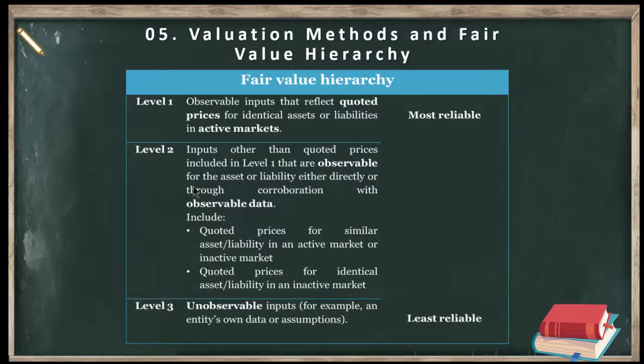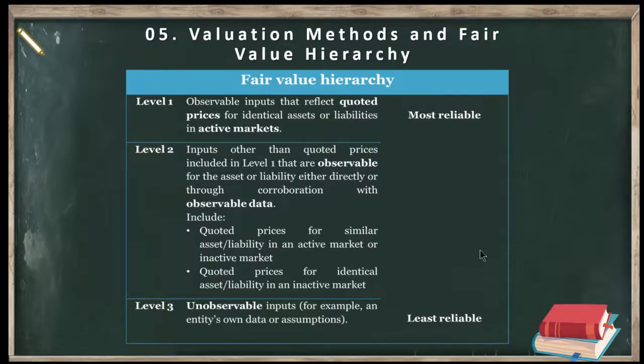If wala gihapoy level 2, then we proceed to level 3. These are unobservable inputs. Okay, for example, an entity's own data or assumption. So these are developed by the entity using the best available information from the entity's own data. And this will include present value of estimated cash flows.